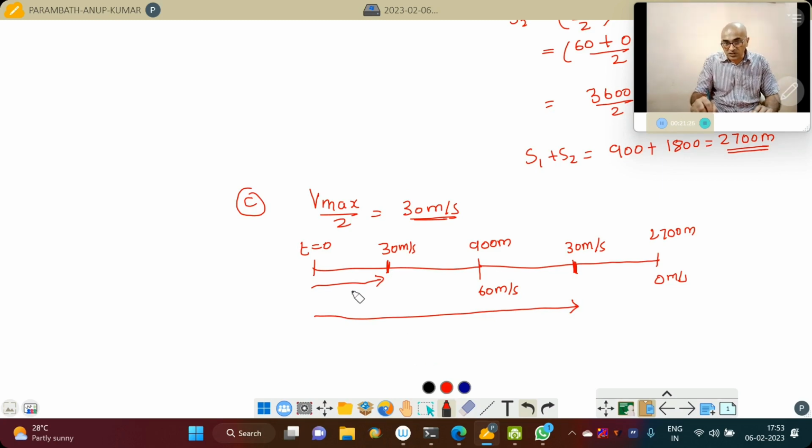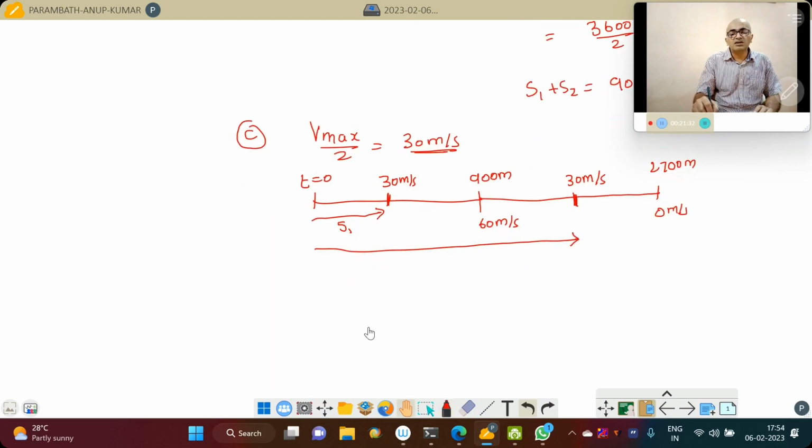So let us first focus on this one. Let us say this distance is S1. How can I find it out? I can apply ut plus half at square, or I have v square minus u square is equal to 2as. This is a lengthier method.